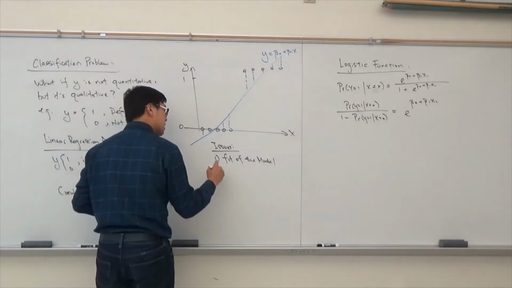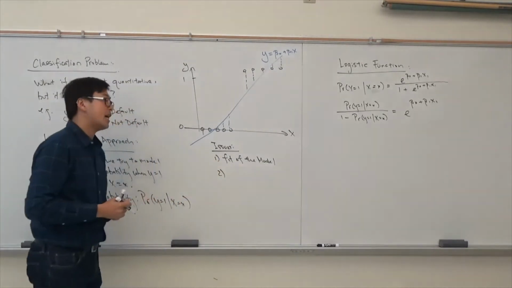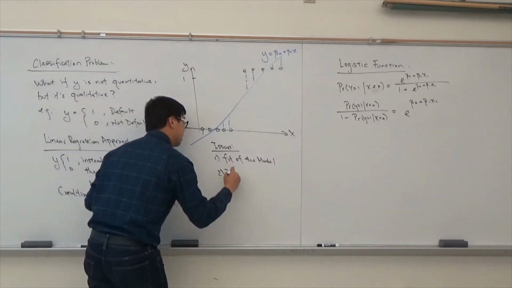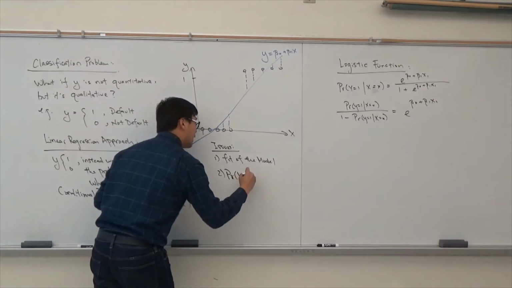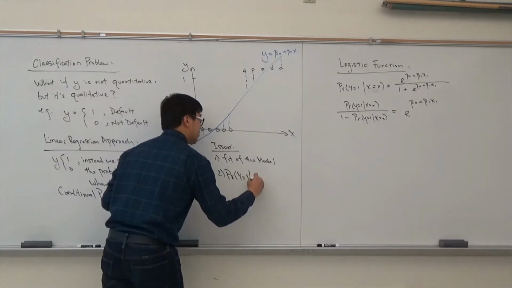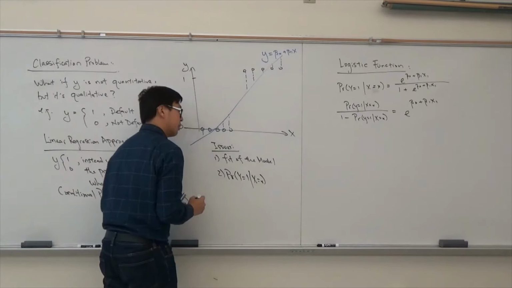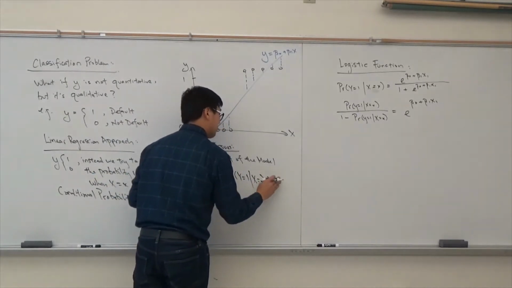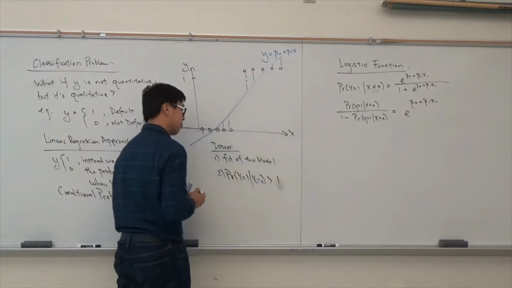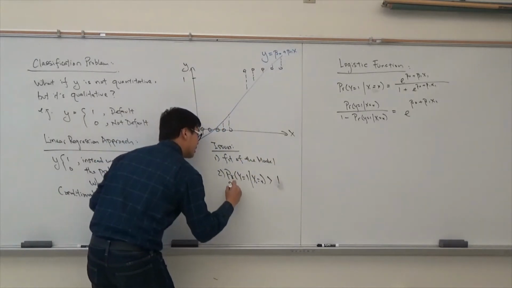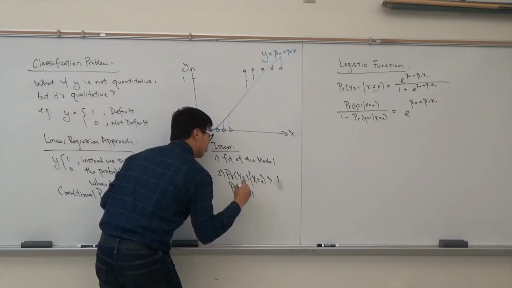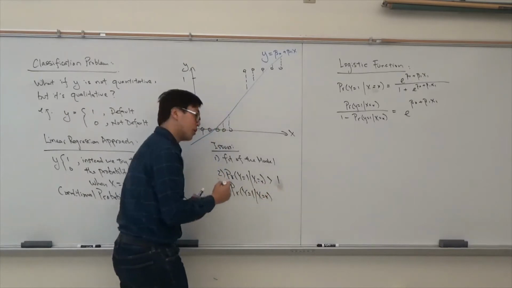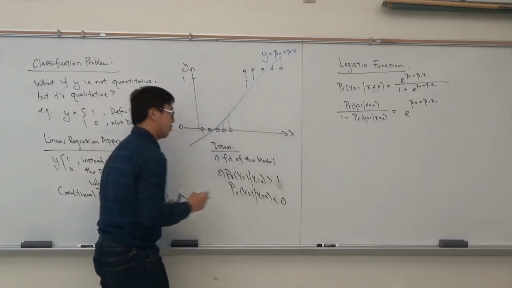Another issue for this linear regression approach is that this model suggests the probability of y equal to 1 given a certain x value can go beyond 1. And at the same time, this probability of y equal to 1 given some x value can possibly be less than 0.